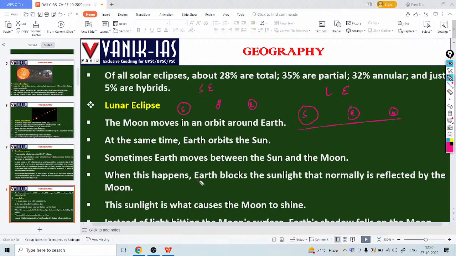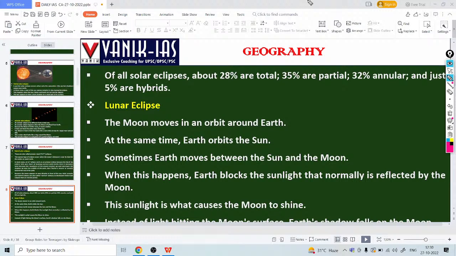When this happens, earth blocks the sunlight that normally is reflected by the moon. The moon reflects the light of the sun, and when earth blocks this, there is a lunar eclipse. It is called a lunar eclipse.